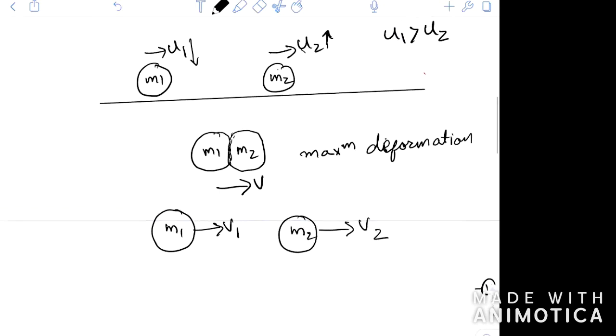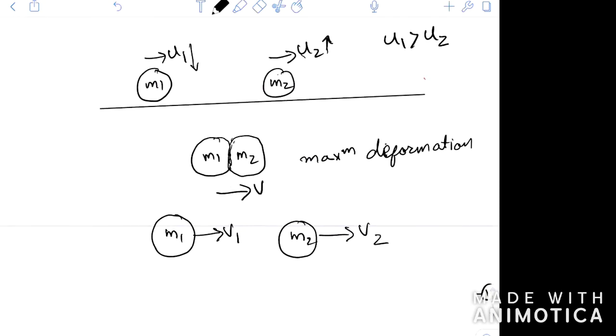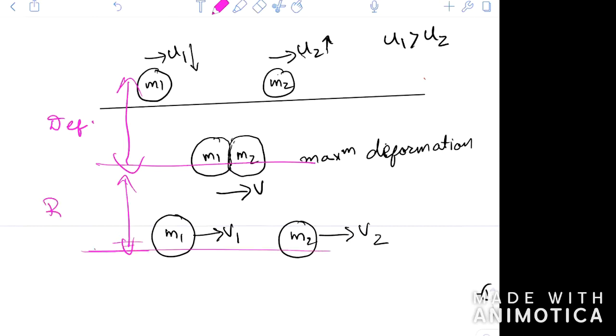From here till here, there is deformation happening. And from here till here, there is reformation, or we also call it restitution. Restitution is happening.